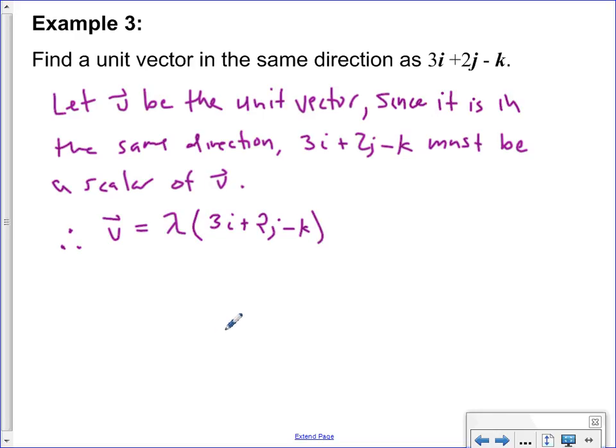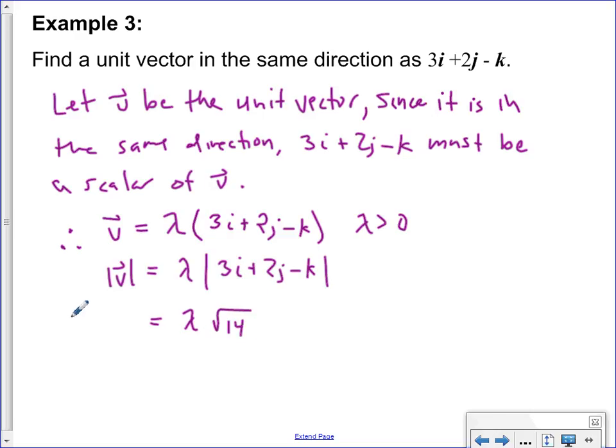Where lambda is a scalar, and then we're going to let lambda be greater than 0. Right? So if you take the magnitude of that vector, that's going to be lambda times the magnitude of 3i plus 2j minus k. 3 squared plus 2 squared plus negative 1 squared would be square root of 14. Very good.